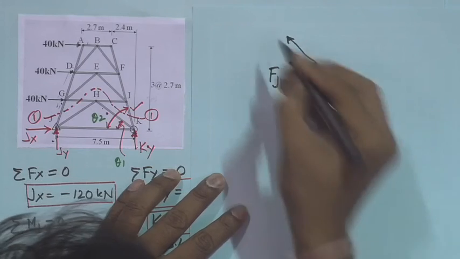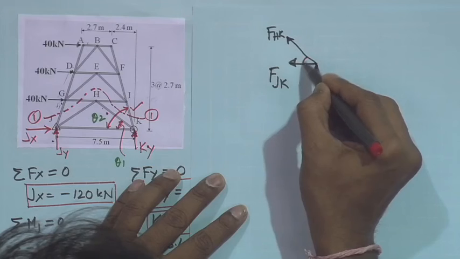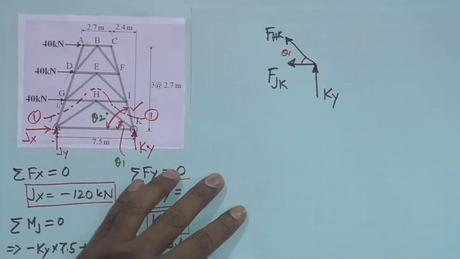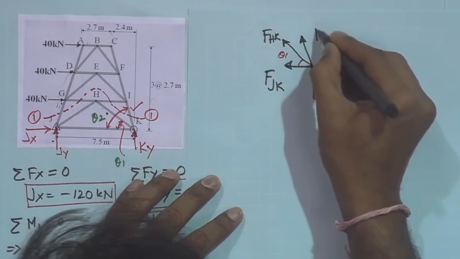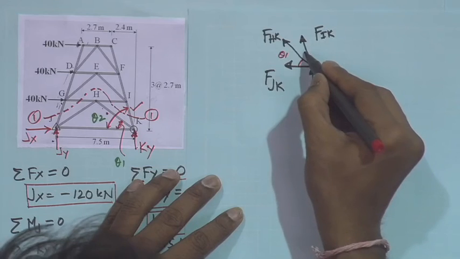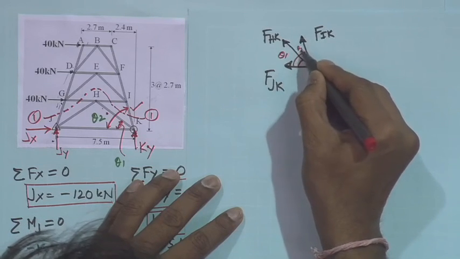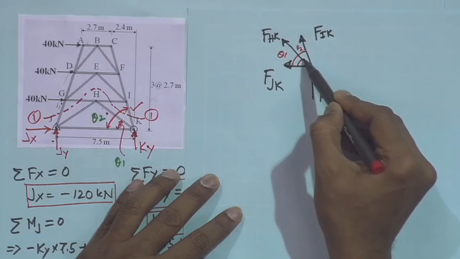And then this is Hk, which is acting at an angle theta 1, and then Fik, which is acting at an angle theta 2. Okay, this is theta 2 and this is theta 1.